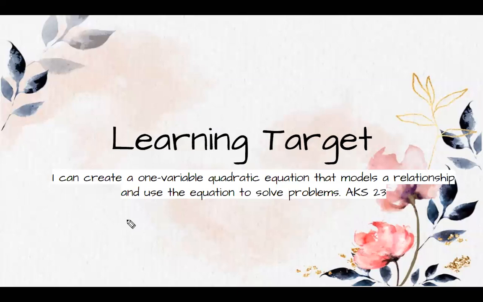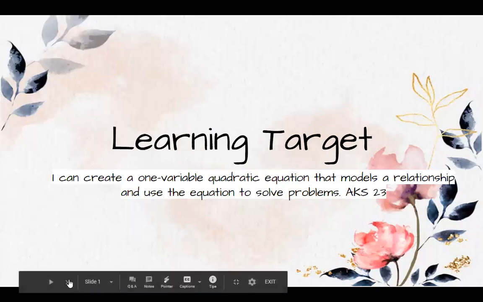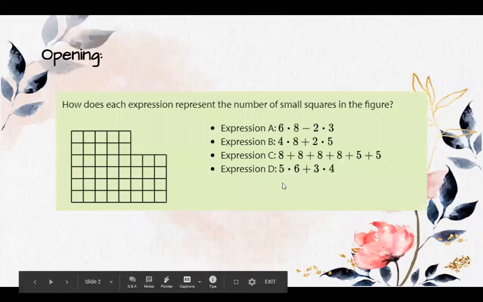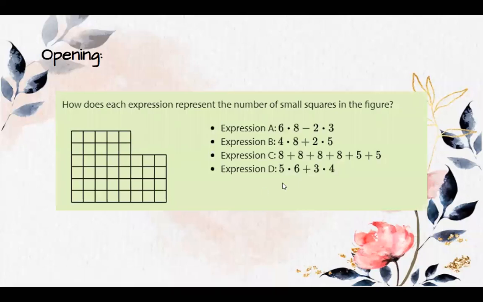So I want you guys to look at the opening. It says, how does each expression represent the number of small squares in the figure? So I found this pattern, and I want you guys to notice that the area, all those tiles, are always going to be the same, right?